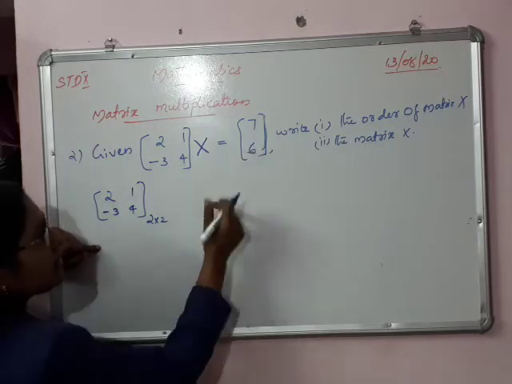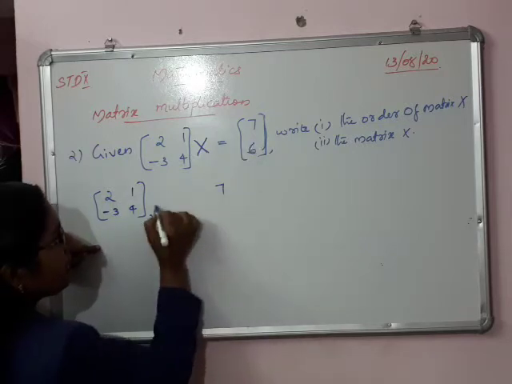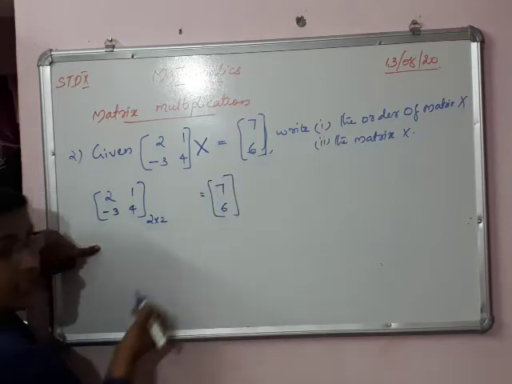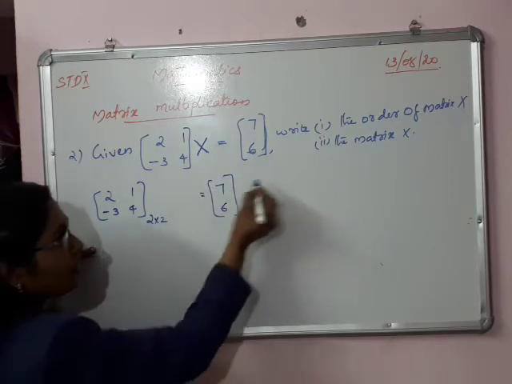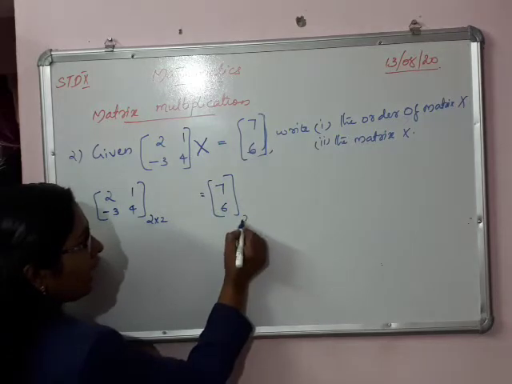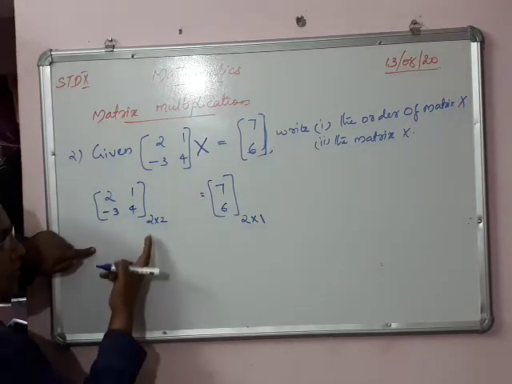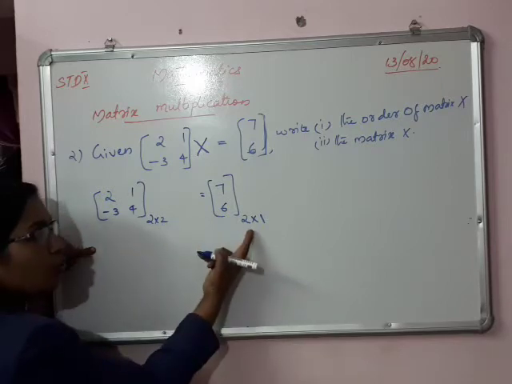And your result, 7, 6, is what you get by multiplying it with something. That is another matrix. Here, how many rows? 2 rows and only 1 column, so it is a 2 by 1 matrix. You see, this is a 2 by 2 matrix and this is a 2 by 1 matrix.